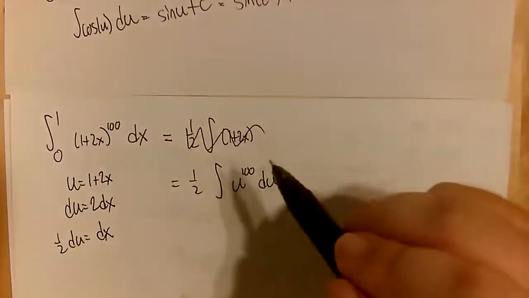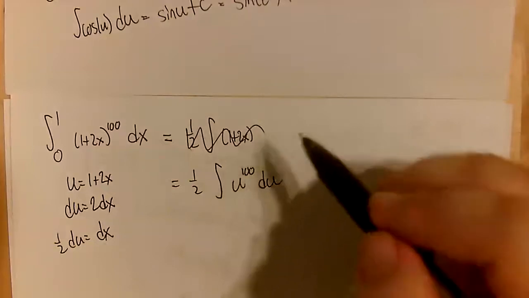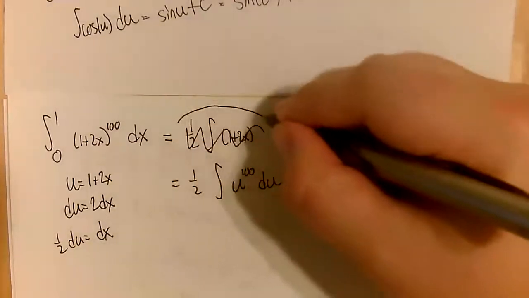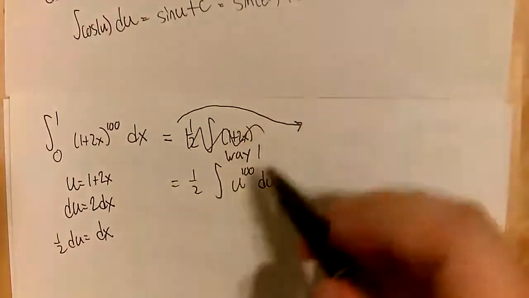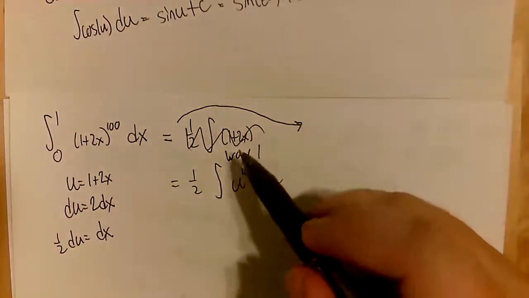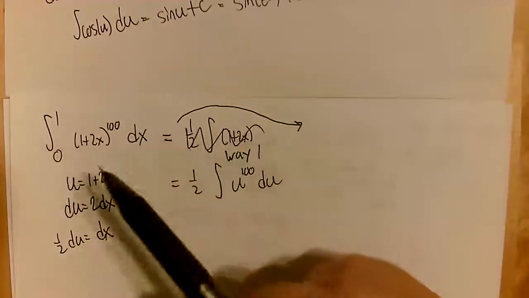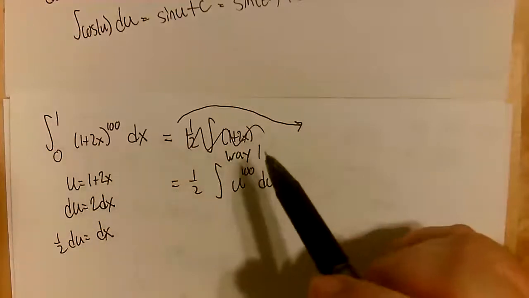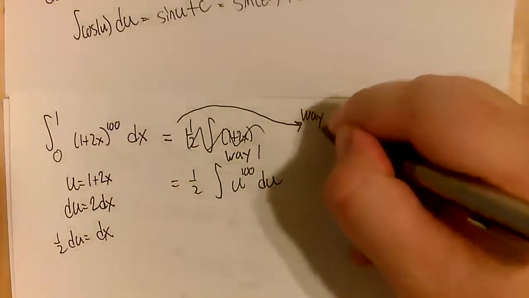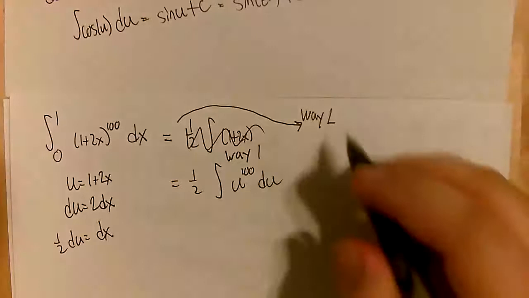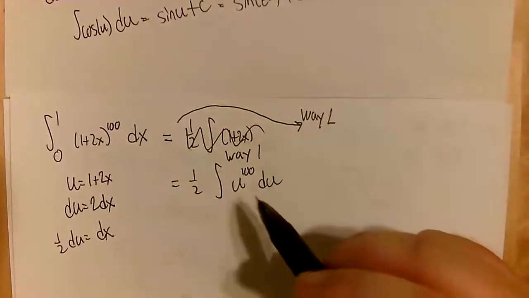So it turns out that there are actually two different ways of evaluating this integral. I'm going to show you the first way, which involves changing the bounds for your integral. And this is honestly the way I prefer to do most of these problems. But then afterwards, I'll show you an alternative way, which you may like better. A lot of people like this other way too.